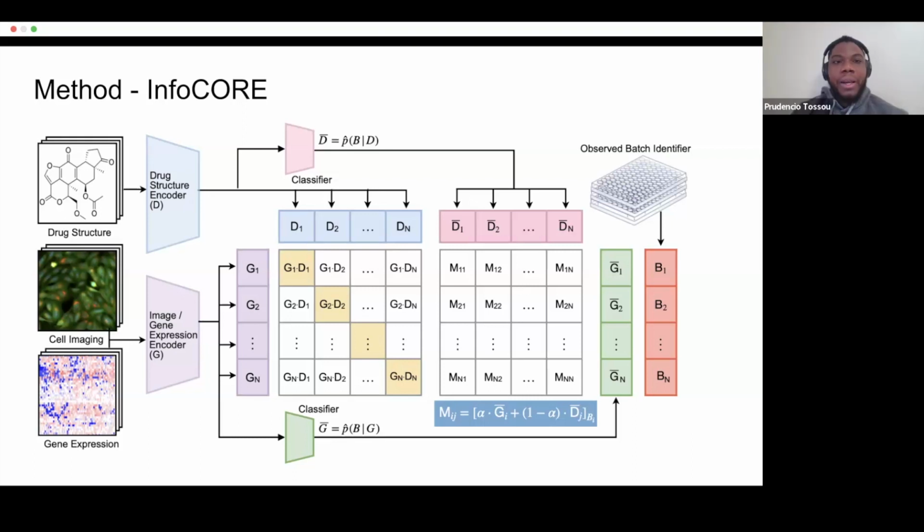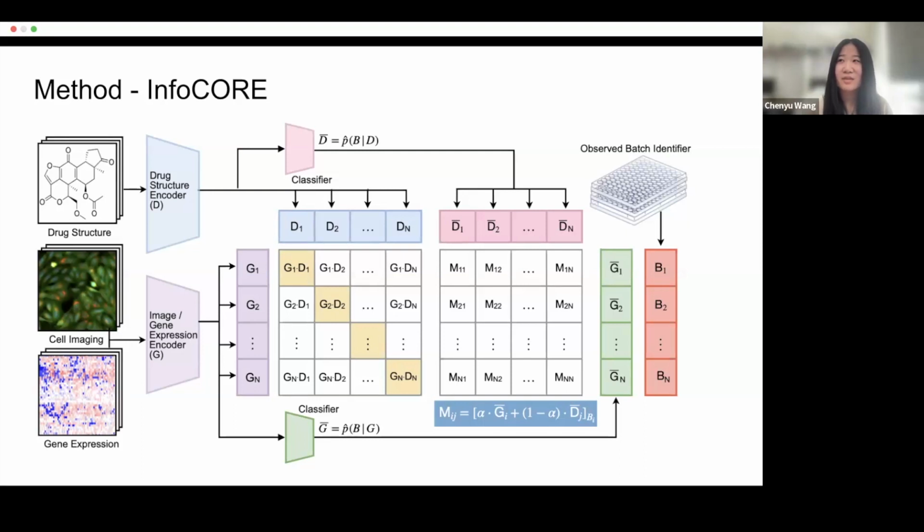Okay, perfect. And how do you deal with a huge number of batches that might impede the accuracy of those classifiers? In the two data sets that we're using, one has 100 batches and the other has 1,000 batches. Empirically, we don't really have issues with these large batch numbers.